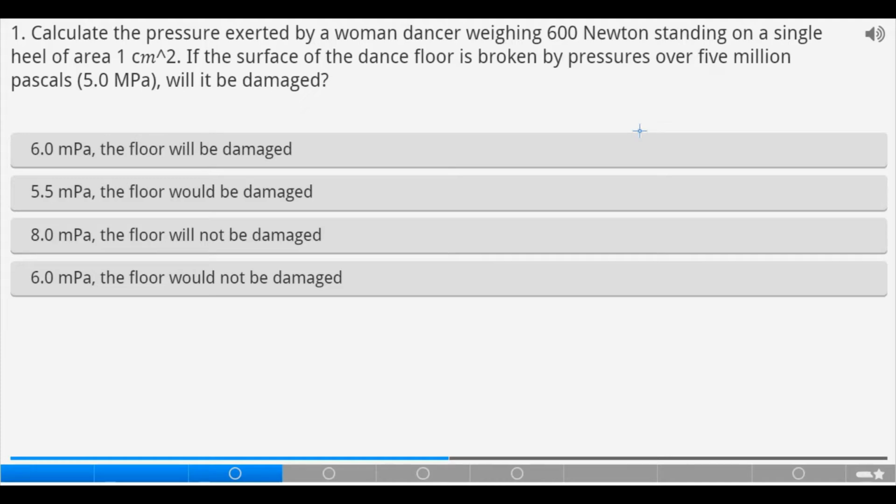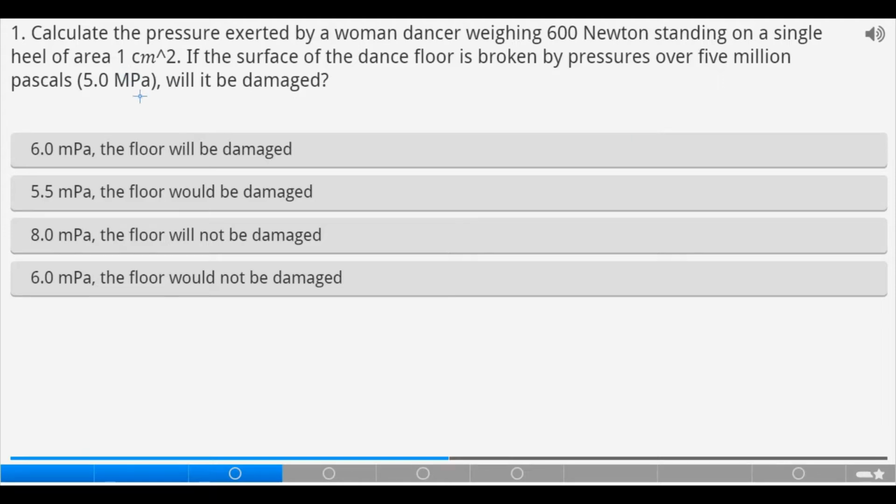If the surface of the dance floor is broken by pressures over 5 million pascals, will it be damaged? First, before we answer that question, we need to state the parameters, calculate the answer, and then see what our option would be.